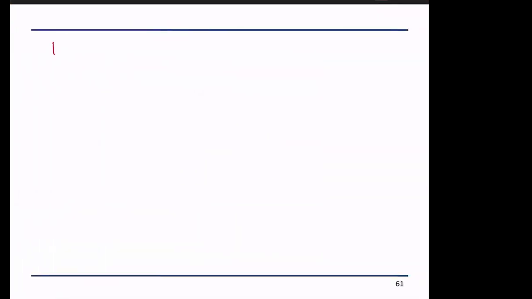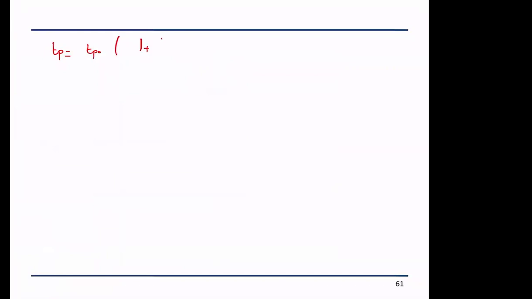We said TP, if I flatten it, is TP0 times 1 plus CG2 over CG1, plus 1 plus CG3 over gamma times CG2, plus 1 plus CG4 over gamma times CG3, until the end.